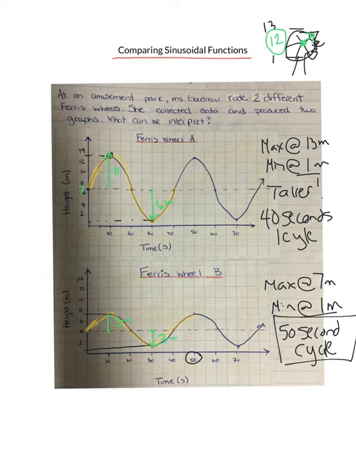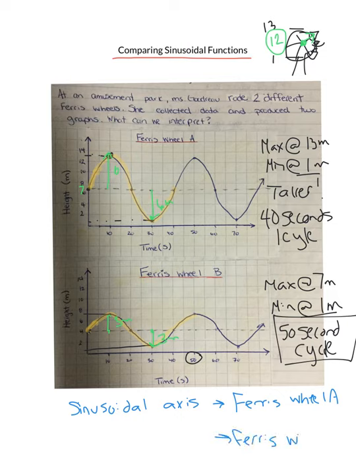The very last thing that I'm talking to you about right now is something called a sinusoidal axis. It's basically the center. For Ferris wheel A, the center is at 7 meters.